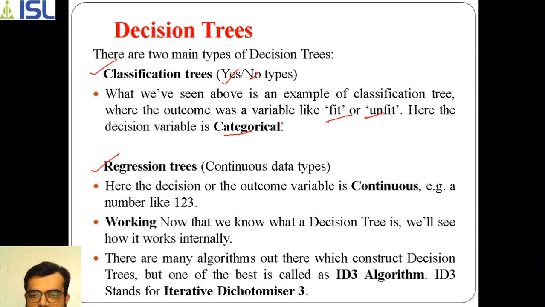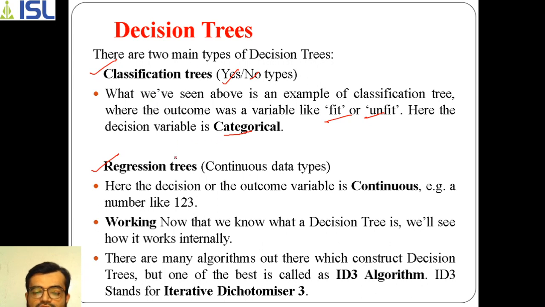Why is it categorical? Because it won't say at one instance that the person will be fit or unfit until you perform it. Until and unless you perform it, you won't get the exact value here. That is why it comes under categorical, and this is the classification process.